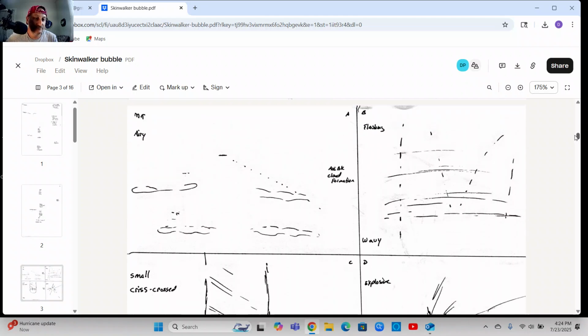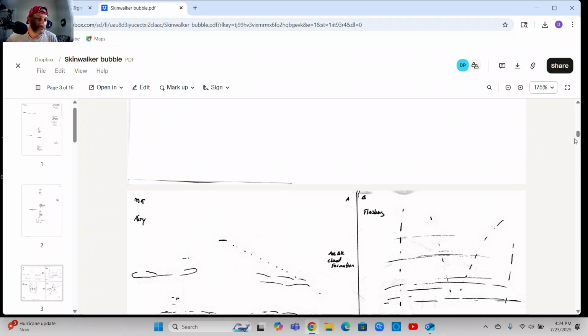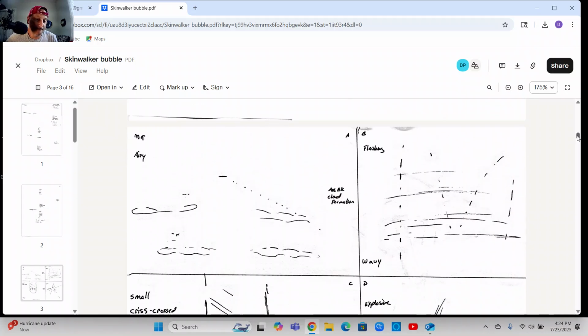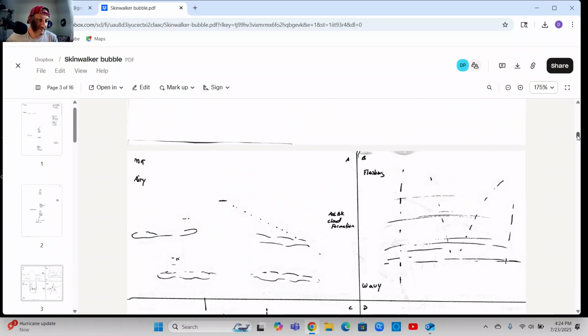So I go into some flash sketches here. First off, I get this object in the clouds. I get this sense of a directional energy possibly. And then in box B, it's almost like I'm looking at some kind of energy happening.